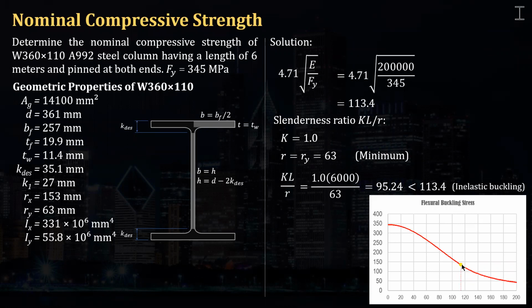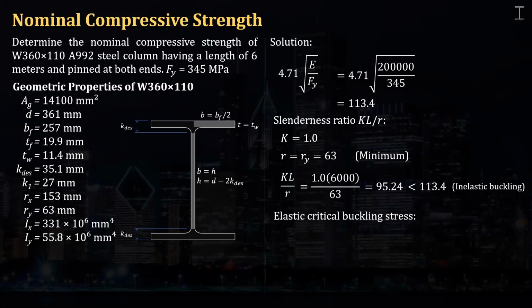So here, that belongs to the inelastic buckling region. After that 4.71 square root of E over Fy, the failure would be the elastic buckling. So here, we're going to use Fcr is equal to 0.658 raised to Fy over Fe times Fy.